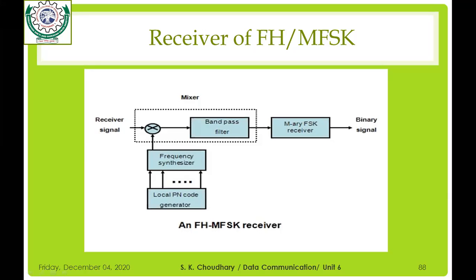But the frequency synthesizer used in the FH MFSK receiver is unable to maintain this phase coherence over successive hops. Therefore, most frequency hop spread spectrum systems use non-coherent M-ary modulation schemes, because it is very difficult to maintain this phase coherence. So most of the time we have to use non-coherent detection.